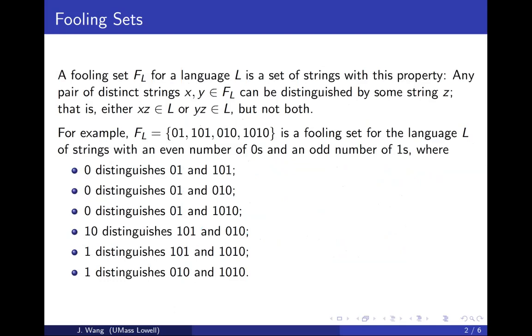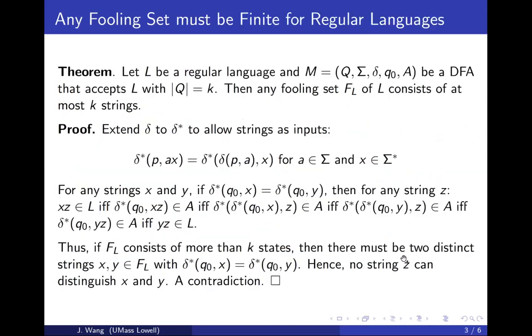All right, so now we're going to make a connection of fooling sets to regular languages. We have this theorem: let L be a regular language and M be a DFA that accepts L with K states.